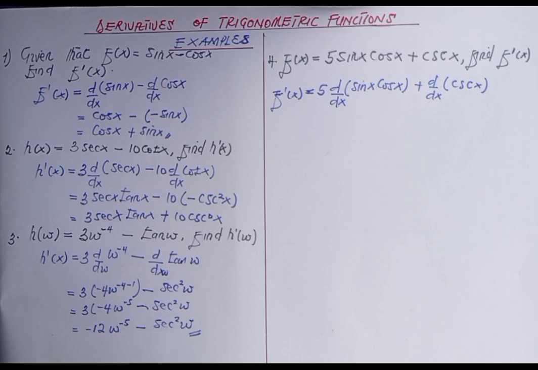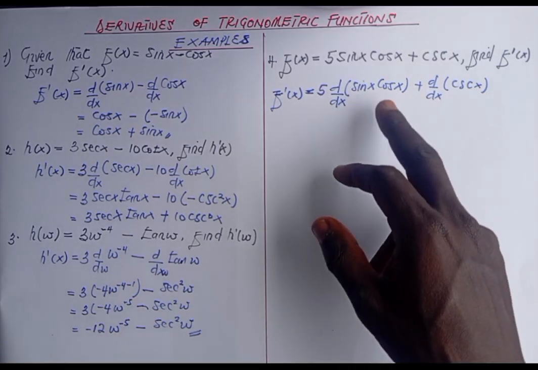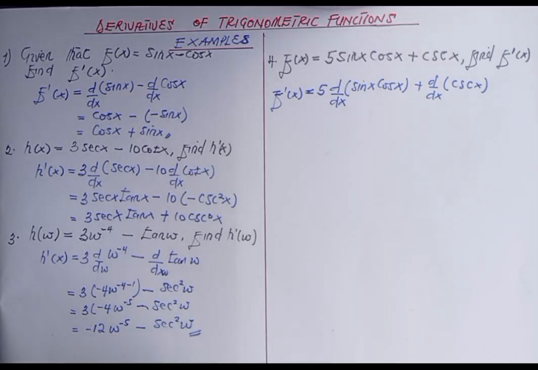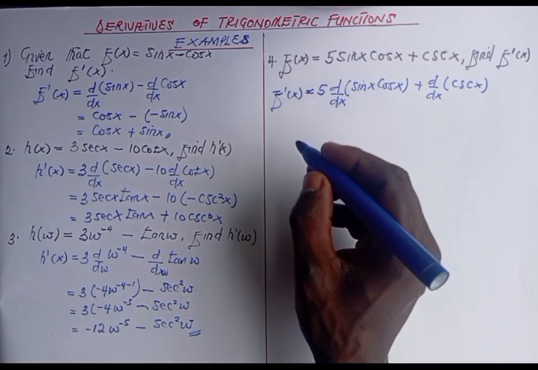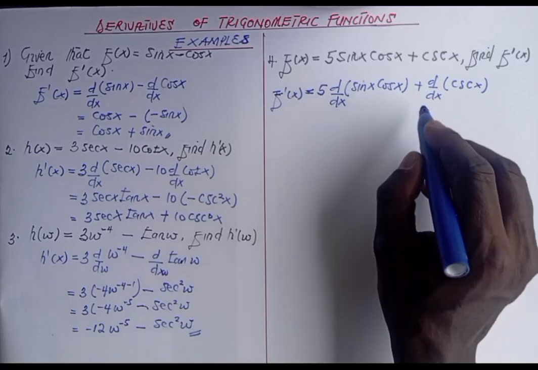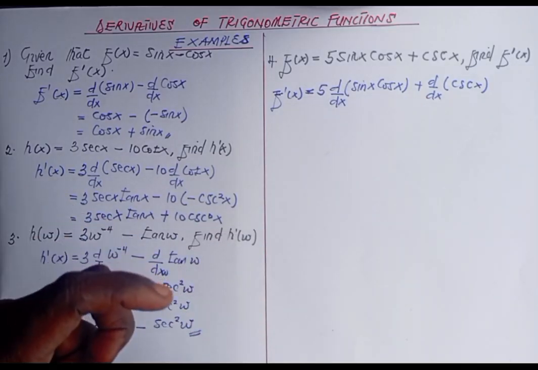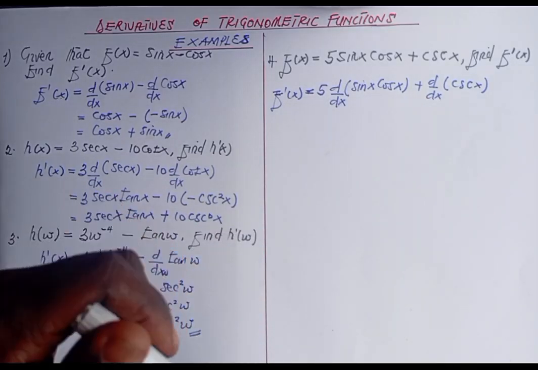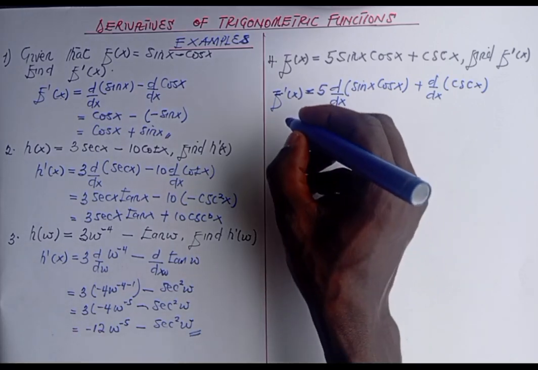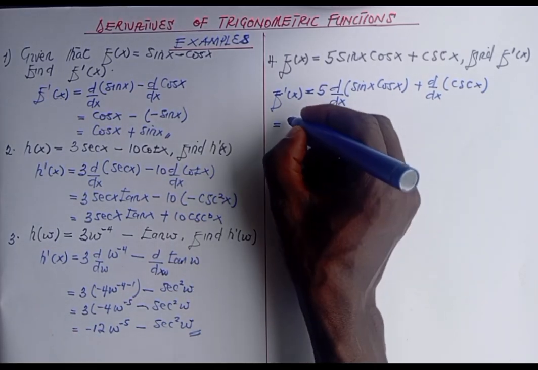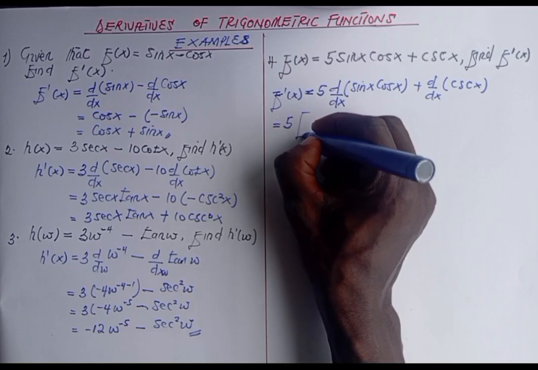Now you can see that this is two functions multiplying, so we can apply the product rule. In applying the product rule, we keep the first function, we differentiate the second function, and then we keep the second function, we differentiate the first function. So we know that our derivative, we are going to get 5 out.